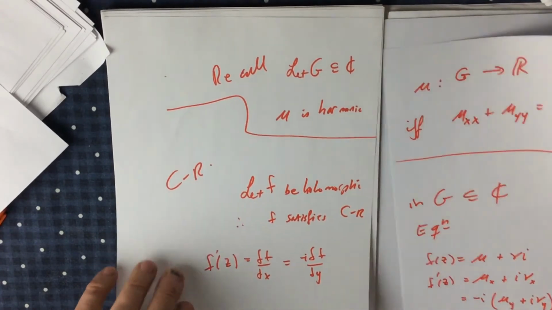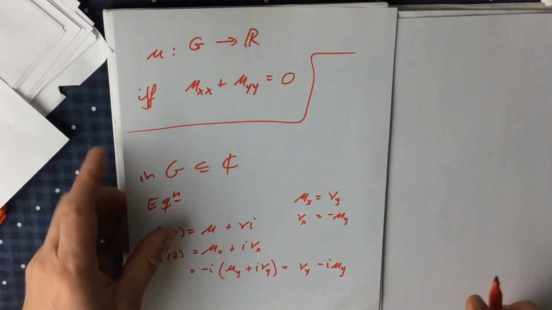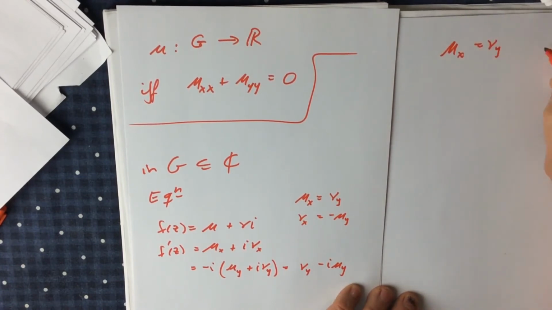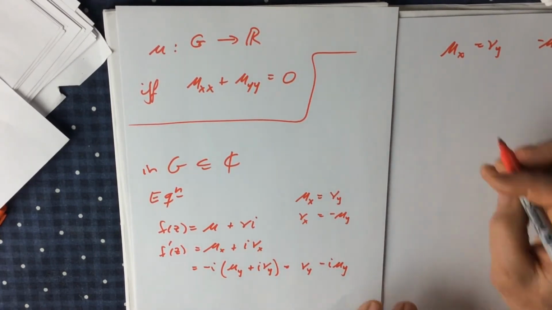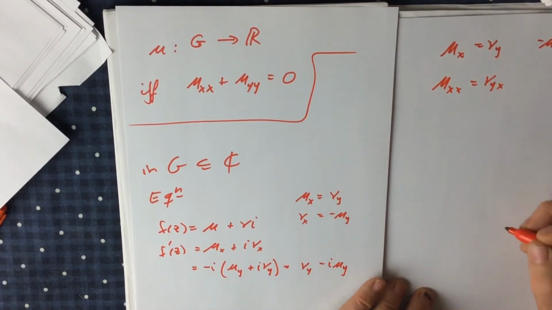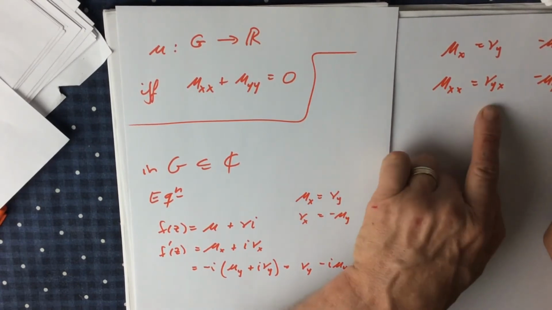Now I'm going to continue with that. What does it say for mu of x to be equal to nu of y and minus mu of y to be equal to nu of x? Well, mu of xx is nu of xy, and minus mu of yy is nu of xy.